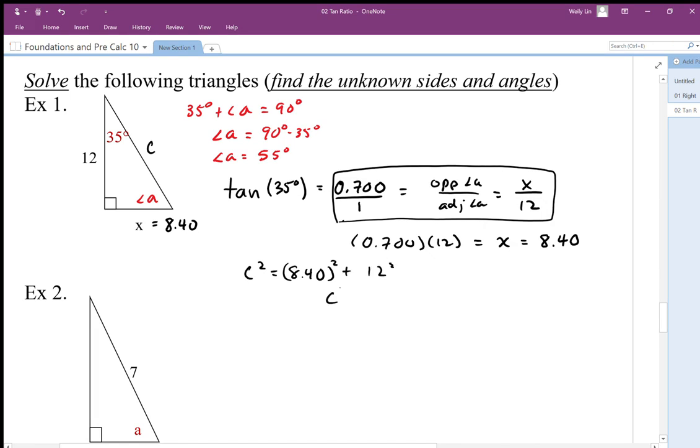Okay, so calculating C. 8.4 squared plus 12 squared is 214.6. And solving for C, I get plus or minus the square root of that. I'm just going to square root that on my calculator here, and I get 14.65.